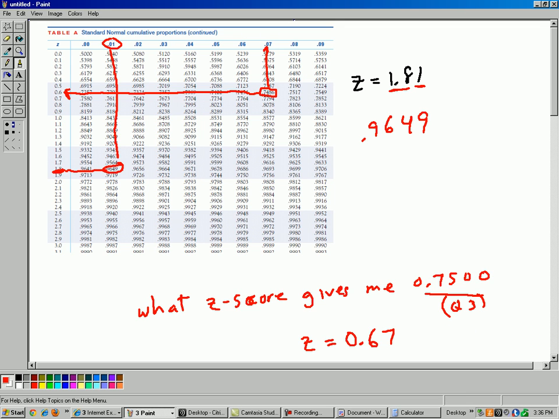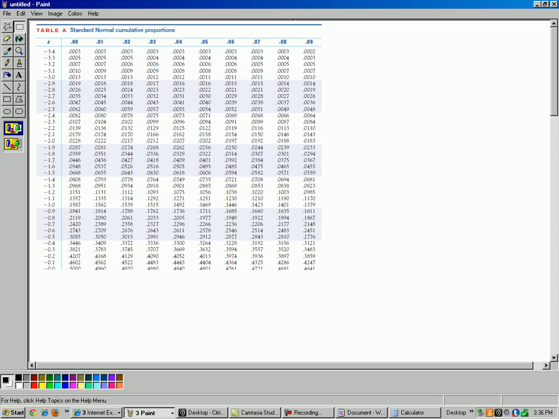All right. Now, what z-score gives me 0.250? So let's go to the other table with the negative values. So what z-score is going to give me 0.2500? So let's find 0.2500.